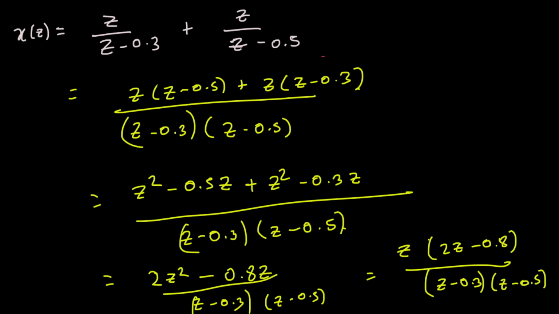And we know that the numerator gives the zeros and the denominator gives the poles. So we have zeros at z equals 0 and z equals 0.4 if you solve for z. And in the denominator we have the poles, which are z equals 0.3 and z equals 0.5.